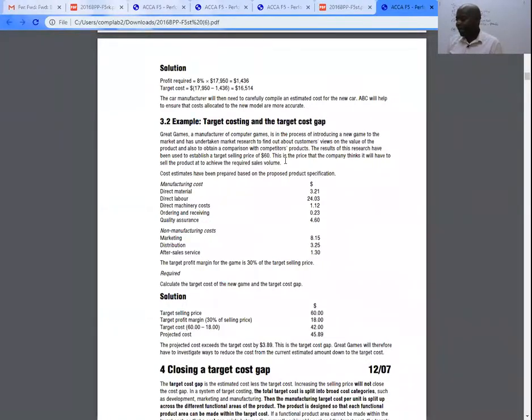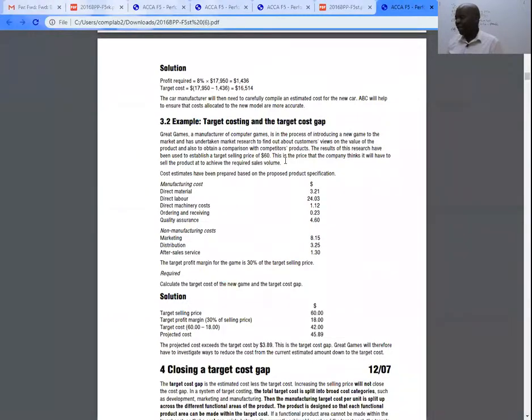This is the price that the company thinks it will have to sell the product at to achieve the required sales volume. Cost estimates have been prepared based on the proposed product specification, where you can see manufacturing cost, etc. And then down there, they have given us the target profit margin for the game is 30% of the selling price.